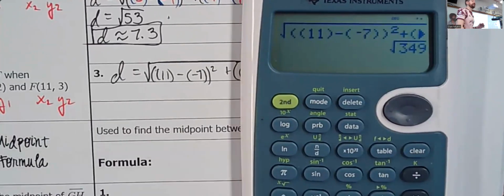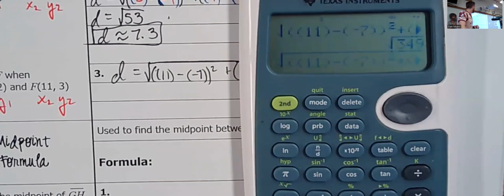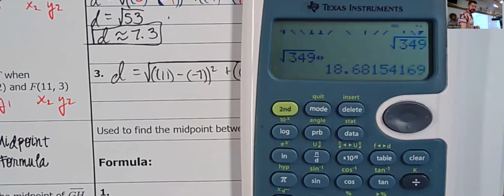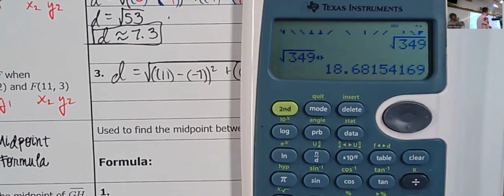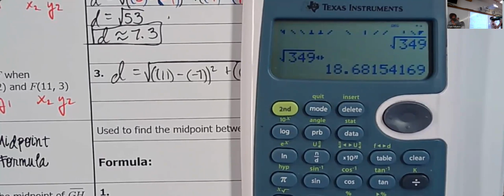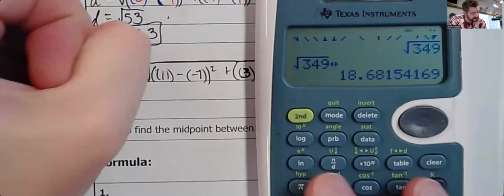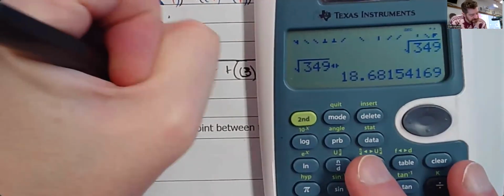There it is, square root of 349. Okay, I don't know what I typed in wrong, but I typed in something wrong. And that converts to 18.6, so imagine the 0.6 has an 8 after it, so this 8 would round that 6 to 7. So you did it exactly right, nice job. All right, so D is approximately 18.7.